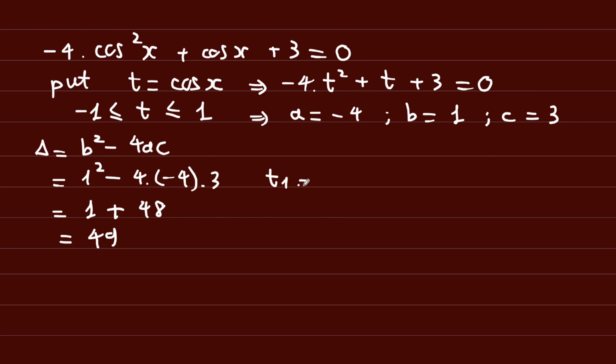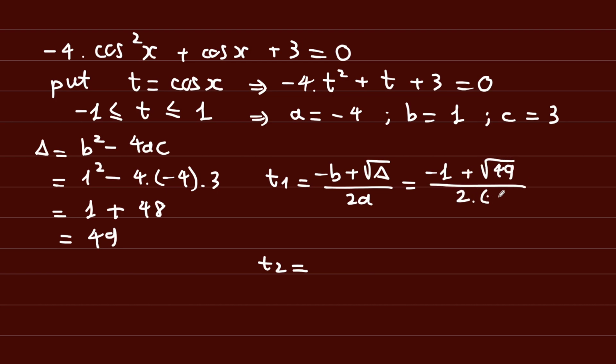And how about t1 and how about t2? The t1 will be minus b plus square root of the discriminant over 2a. Here it will be minus 1 plus square root of 49 over 2 times minus 4. Here 7 minus 1 equals 6, and the denominator is minus 8. After simplifying, you get negative 3 over 4.